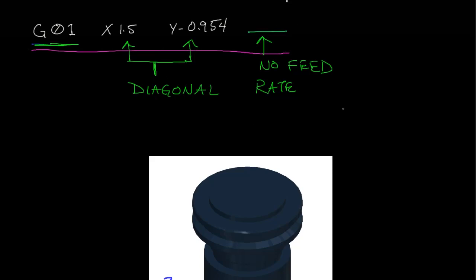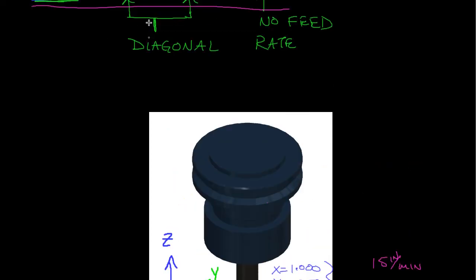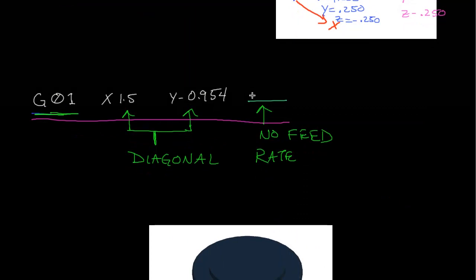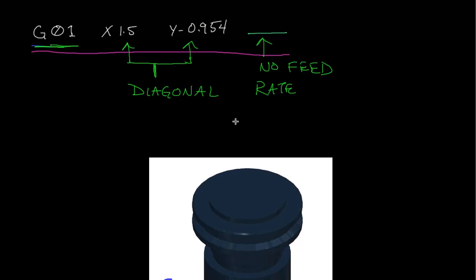And we're going to go at a feed rate of 15 inches per minute, because we did not specify a new feed rate. So it just picks up the feed rate from the previous block of code. Okay, so that's how linear interpolation motion works. It's good for moving in single directions or diagonal directions. All right, so this concludes the video on linear interpolation motion.